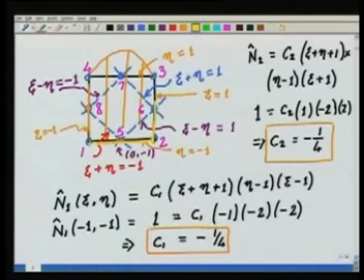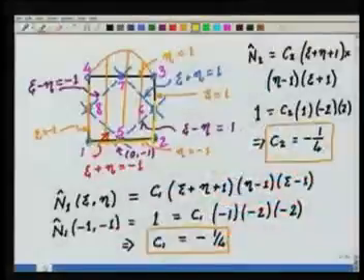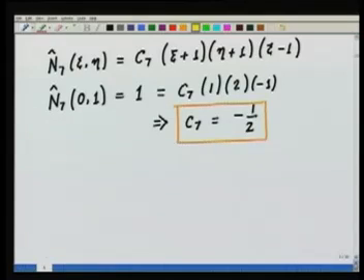And by the same token, I can find the constant C8. So if I can do these things, I have constructed the 8 shape functions corresponding to the serendipity family. So let us now look at one of these shape functions and look at the expansion.